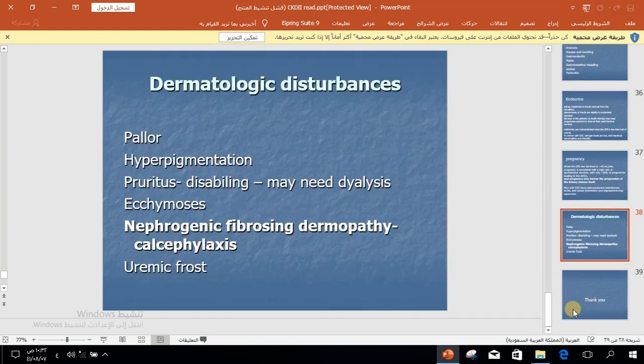To summarize this lecture, we have spoken about multiple complications of CKD. On top of the list, the most important is cardiovascular complications, in the form of ischemic heart disease, atherosclerosis, pericardial disease, and myocardial diseases like heart failure.